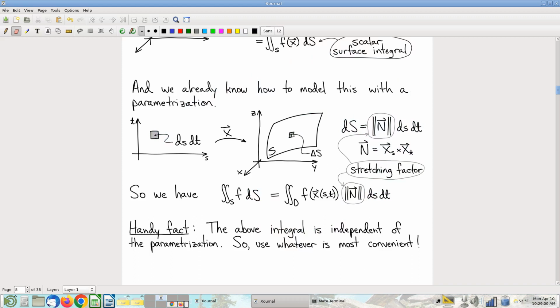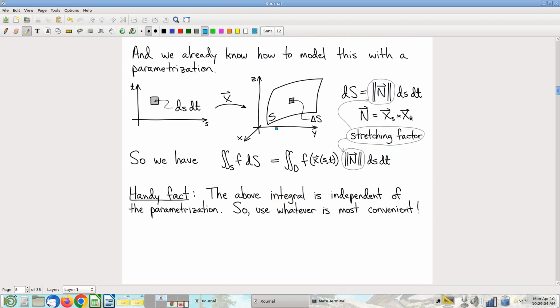So, before we get into a calculation, let's ask the reasonable concern. This formula here does seem to depend on the parametrization, but on the other hand, this expression over here should be intrinsic to the surface, and I don't think it ought to depend on the parametrization. So, is this actually independent of the parametrization?